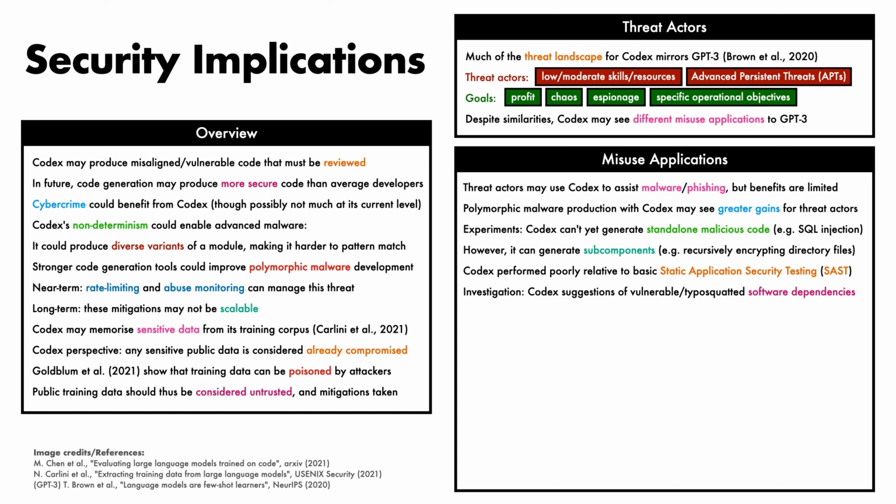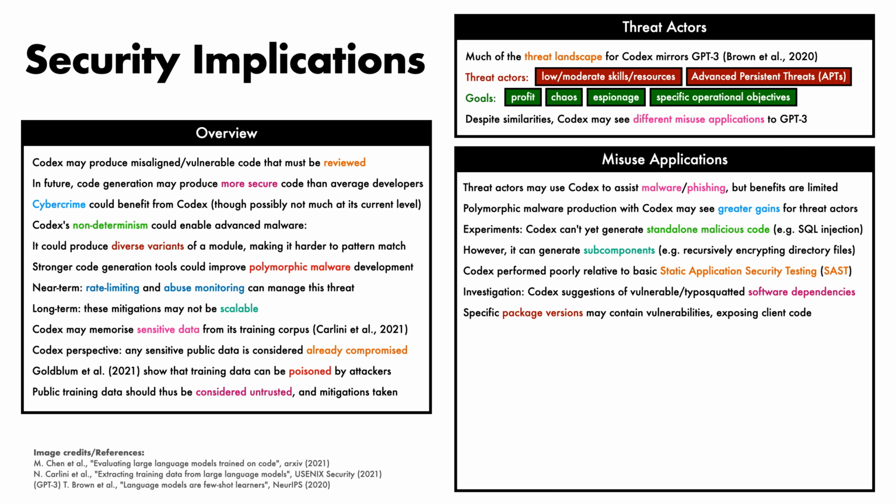A next investigation considered whether Codex would suggest vulnerable or typo-squatted software dependencies, i.e., those that represent intentional misspellings of known dependencies that could be pulled in by typos, which could represent a supply chain attack. One such attack could exploit the fact that specific versions of Python packages may contain vulnerabilities, and thus suggesting these as completions could expose client code.